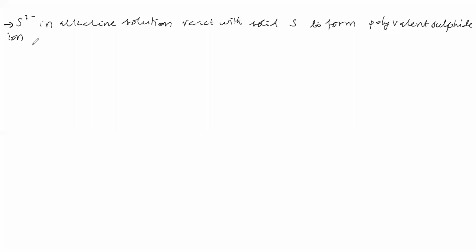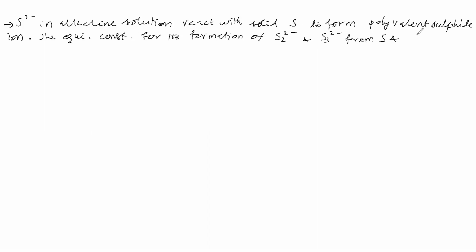The equilibrium constant for the formation of S2 2 minus and S3 2 minus from sulfur and S2 minus ions are 1.7 and 5.3 respectively.